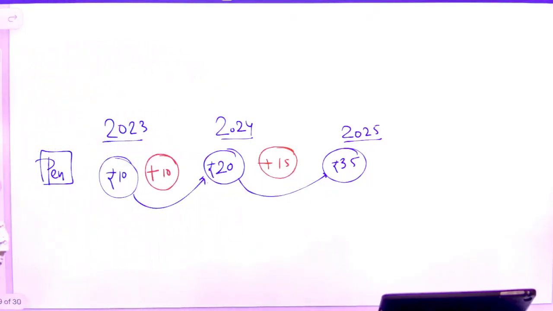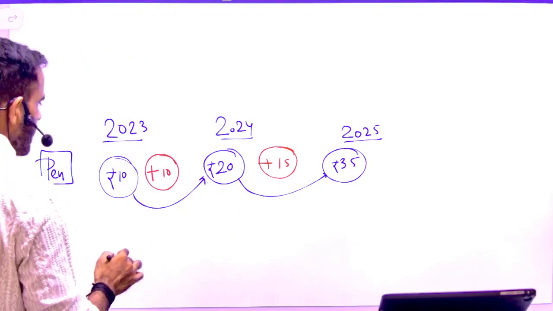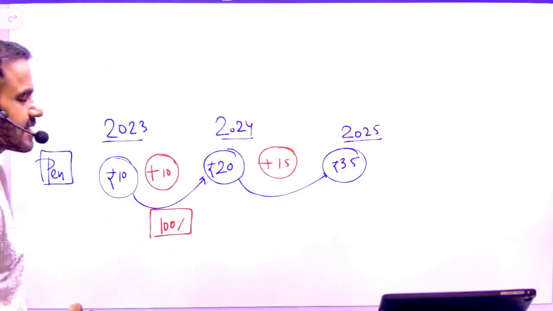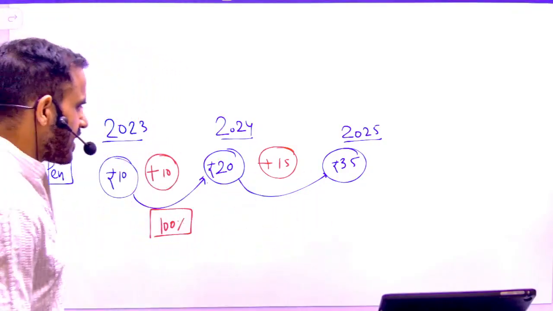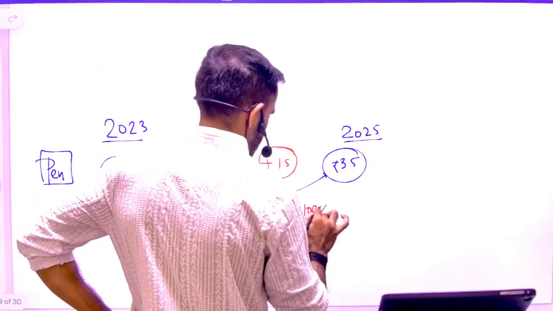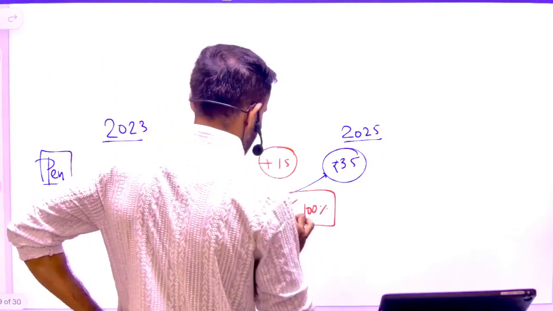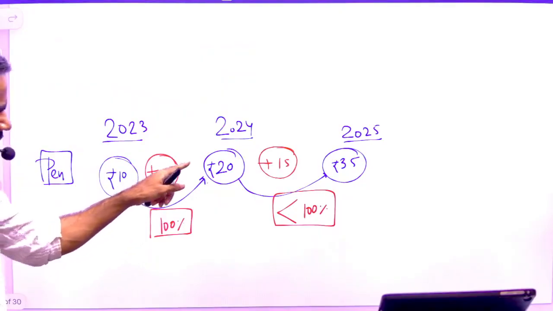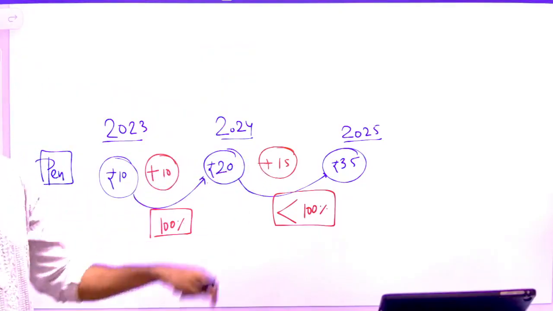But if you have to find it in percentage, how much is the increment? Technically it is 100%. In this case, if I have to find out the increment in the price, it is going to be less than 100%. Why is it less than 100%? Even though in the first case only 10 rupees has increased and in this case 15 rupees has increased.